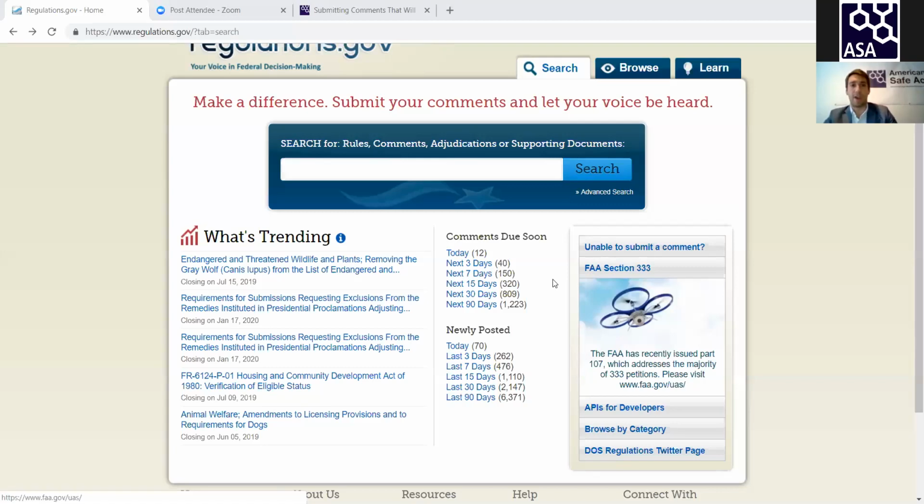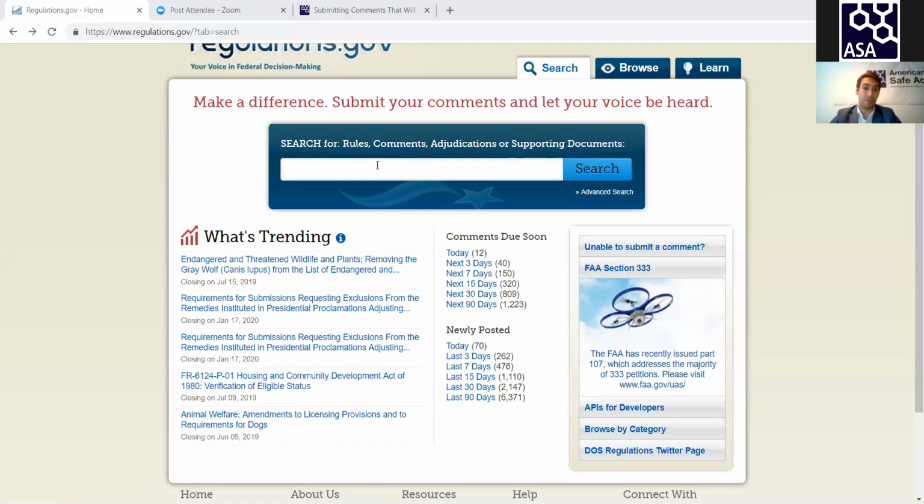So we will get started by first looking at Regulations.gov. And right now I'm sharing this landing page with all of you, so you can see how this platform looks. When you navigate to Regulations.gov, it is the comprehensive collection of every federal agency's call for regulations.